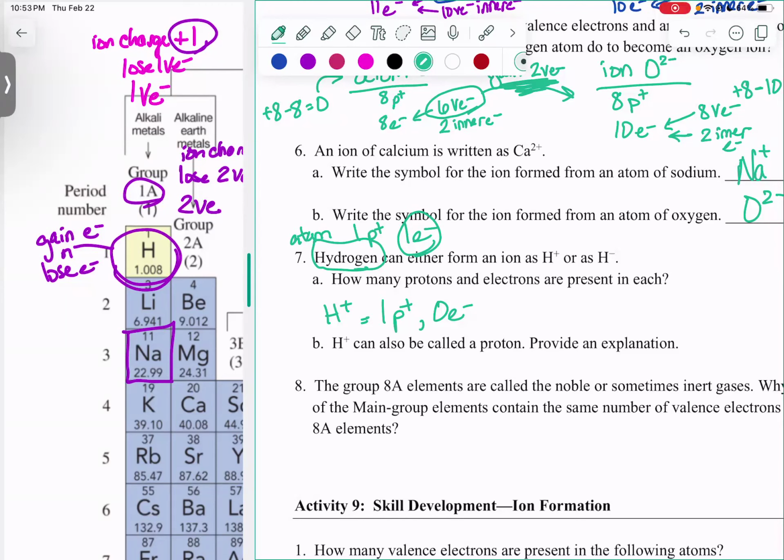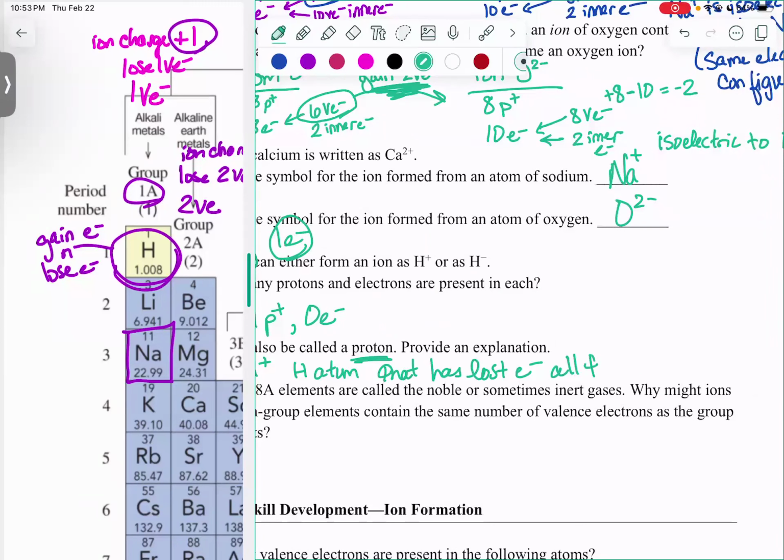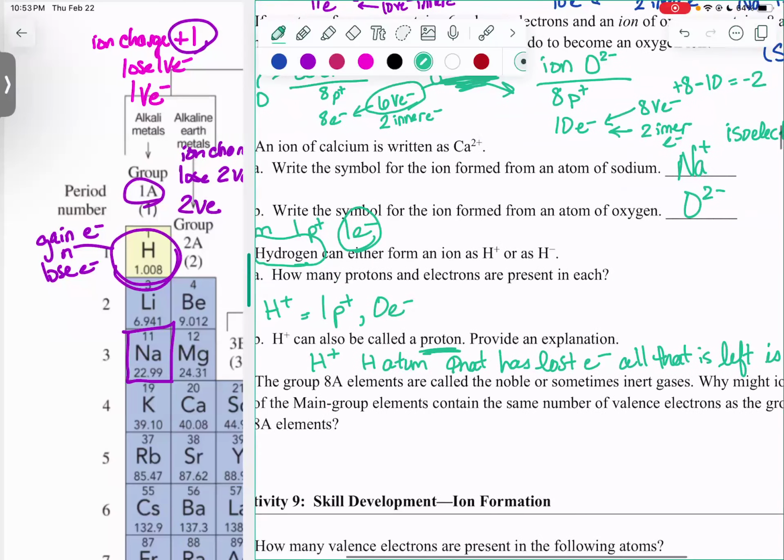And so sometimes we call H+ a proton. Why? Because H+ is a hydrogen atom that has lost its electron. It's only electron, its valence electron. And so all that is left is 1 proton. So that's why we call it a proton.